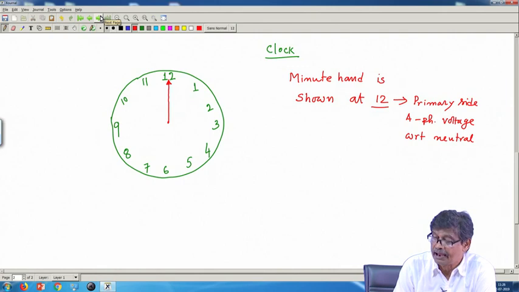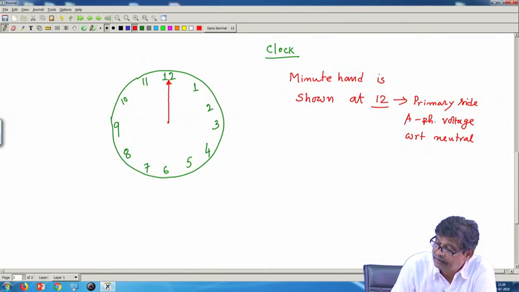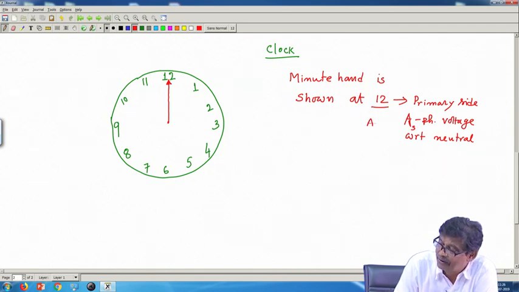Okay. And secondary voltage, I will once again, this is suppose AS, A1 or AS, either of them with respect to neutral.